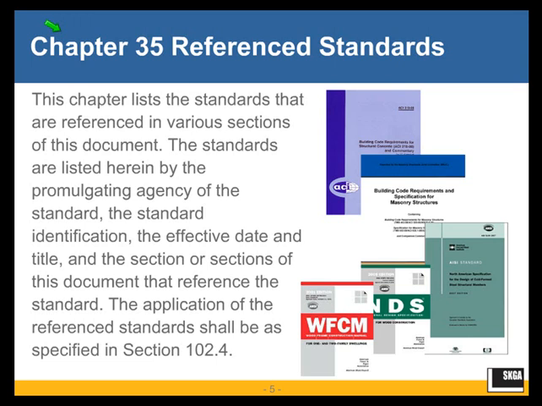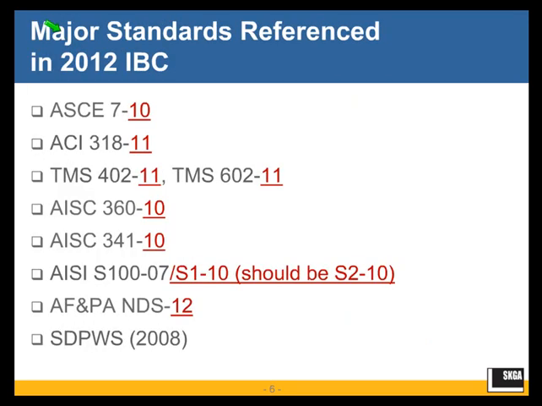standards referenced. And we put together this slide right here so that you can at a glance see the updates of the most frequently used structural standards that structural engineers use and what the new year edition is. And probably most important and of most interest to you is ASCE 7-10.